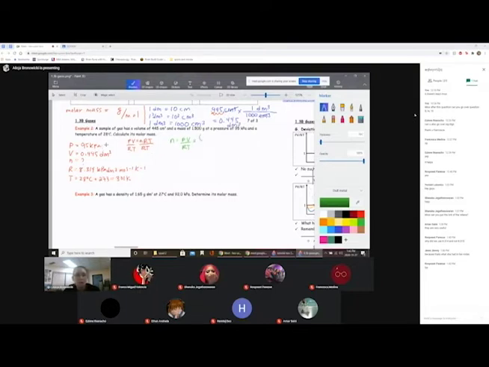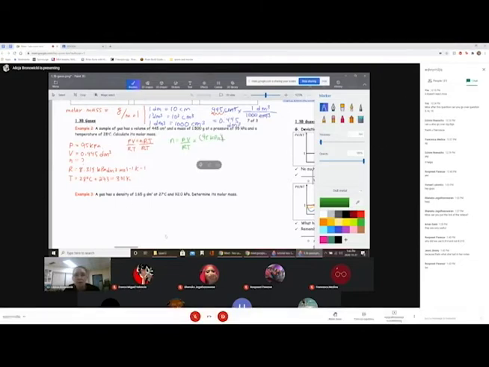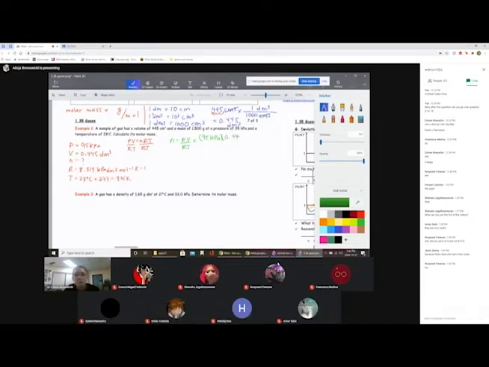So pressure, 95 kilopascals, volume, 0.445 DM3, R is 8.314 kilopascal DM3 mole minus 1 K minus 1, and then 301 Kelvin.